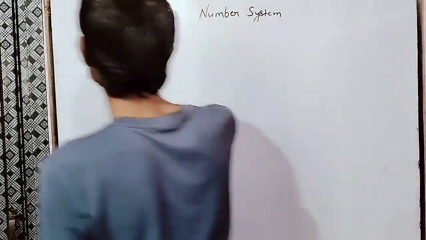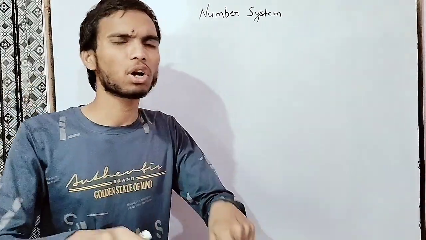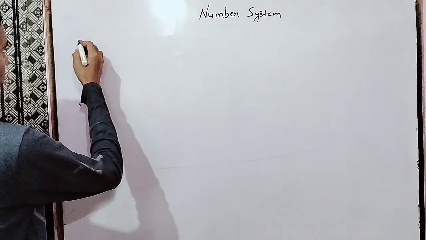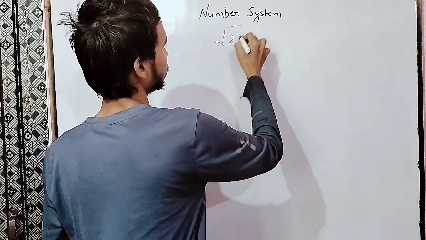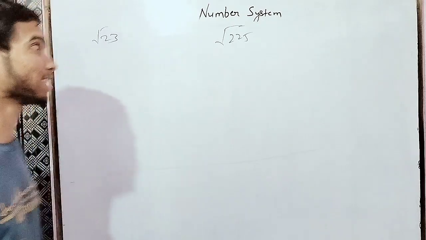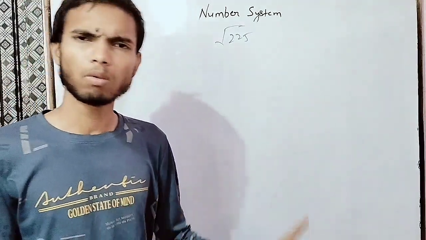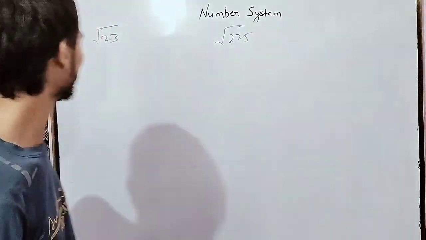Next, you have to tell if the given number is rational or irrational. After understanding this, root 23 and root 225. Which one is rational and which one is irrational? So here, if a number is a perfect square, then that root will be considered rational.